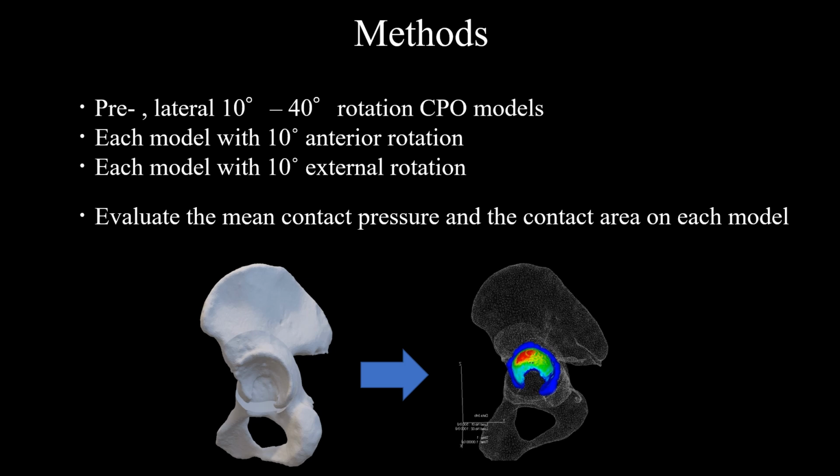Pre-CPO, lateral 10 degrees to 40 degrees rotation CPO models, and each model with 10 degrees anterior rotation or 10 degrees external rotation were generated. The mean contact pressure and the contact area on each model were evaluated.